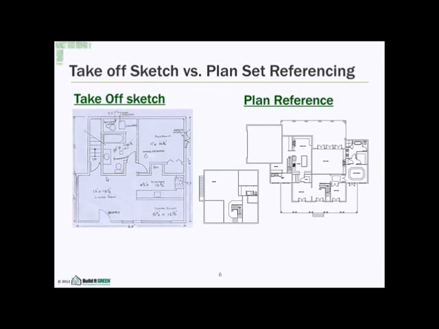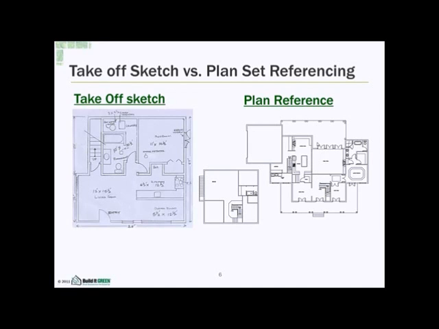You can probably keep information about the stairs and the windows, but interior walls and the toilets and the sinks and the stove countertops, where those are located, and each room dimension is not necessary. What the takeoff sketch really needs to have is the exterior wall dimensions and window locations and dimensions. A plan reference drawing will pretty much be a CAD or drafted, computer-aided drafting, or can be hand-drawn.